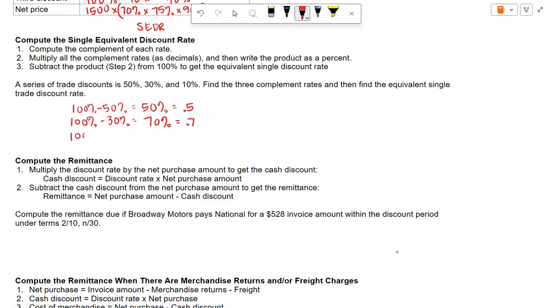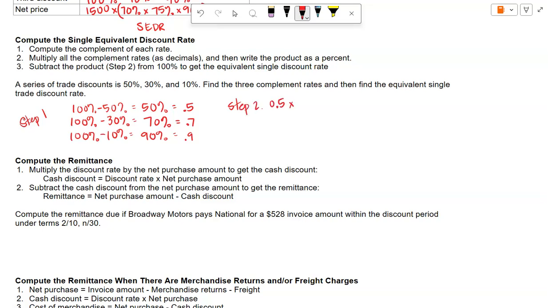And then finally, the complement of 10% is 90%, which is also equivalent to 0.9. This was step 1. For step 2, I'm just going to multiply all of them together.